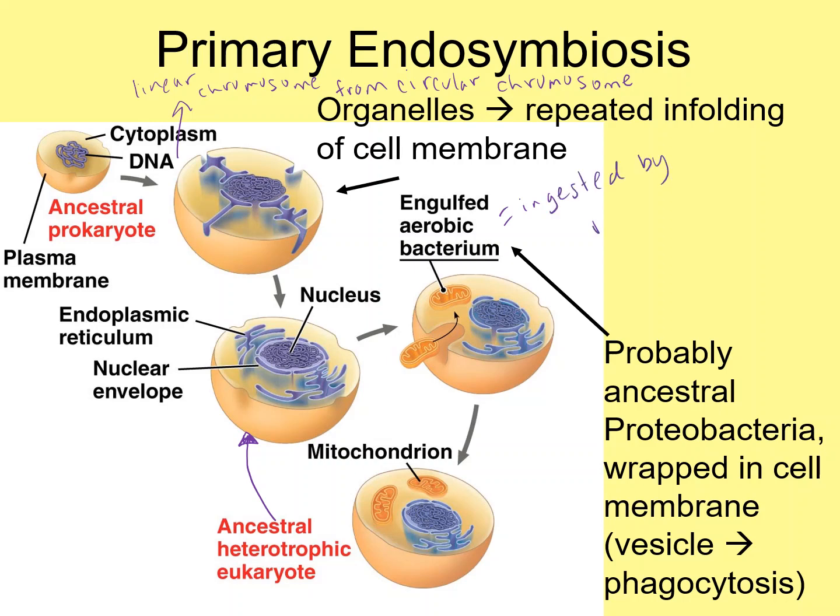This is the same process that amoebas still use. Our white blood cells still use this to deal with bacterial invaders. You wrap it in membrane and bring it inside the cell. And that's essentially what our ancestral eukaryote did. They wrapped whatever it was that it ingested, probably a proteobacteria, in cell membrane, and then normally you would merge that with a lysosome or something that's containing digestive enzymes.